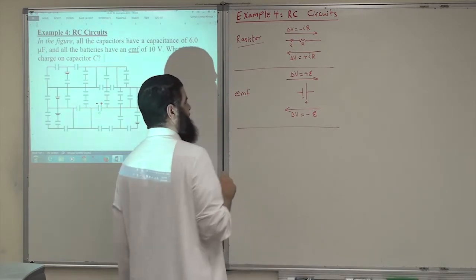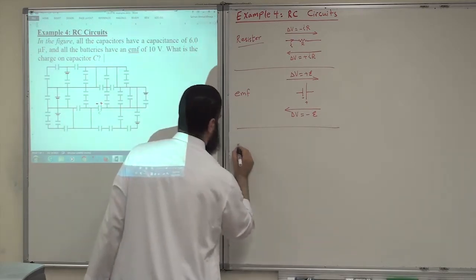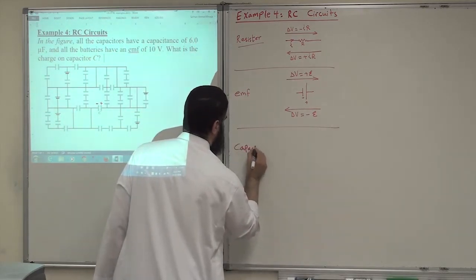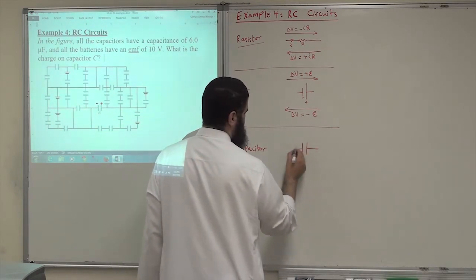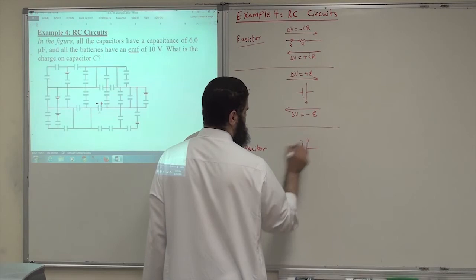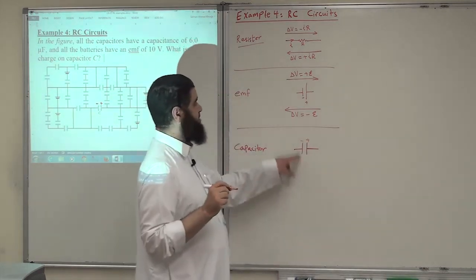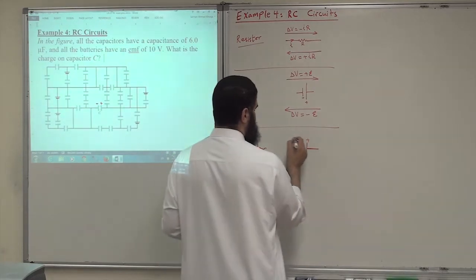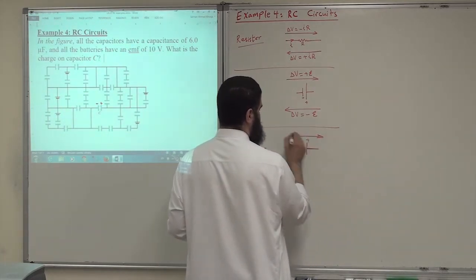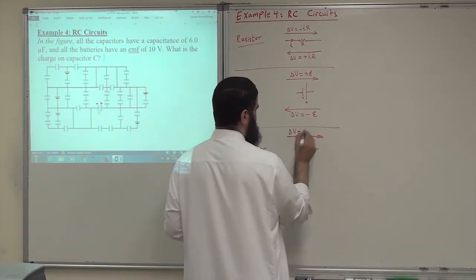Last, for the capacitor. What is the rule for the capacitor? If you have a capacitor, and this is negative, that is positive, we'll treat it similar to the EMF. If you go through the capacitor from negative to positive, there will be potential increase.